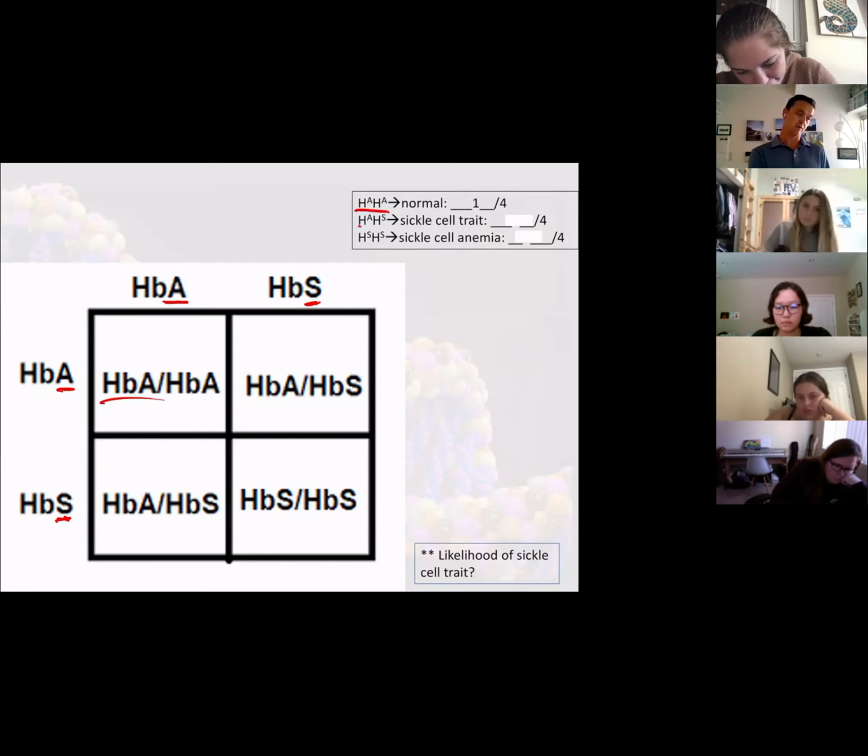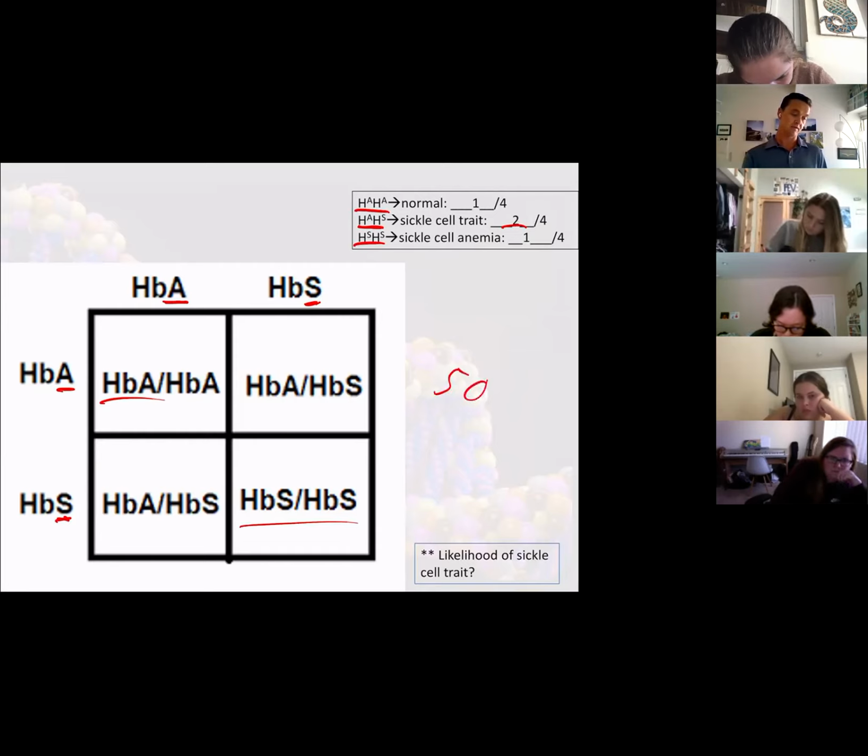And then we've got offspring options for sickle cell trait. That's half of them, 2 out of 4. And then with sickle cell anemia, down here, 1 out of 4. Okay, so the likelihood of sickle cell trait in this case is 50%. Okay, likelihood of sickle cell anemia, 25%.